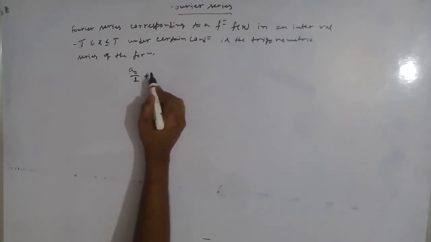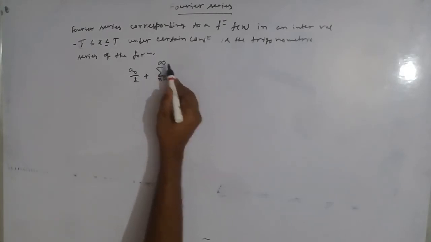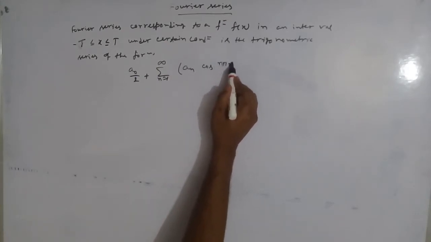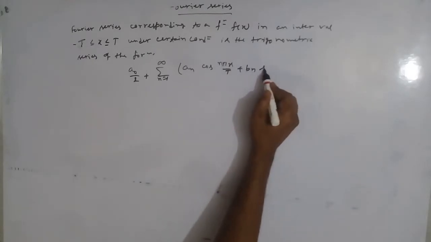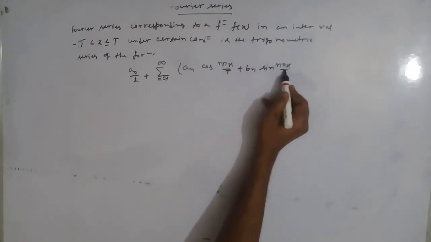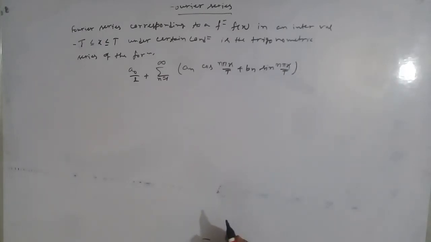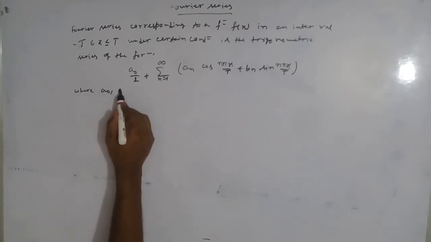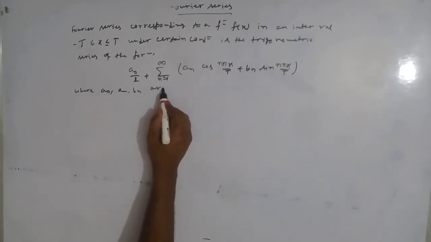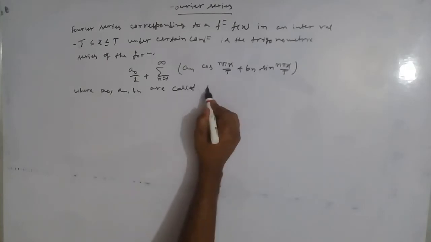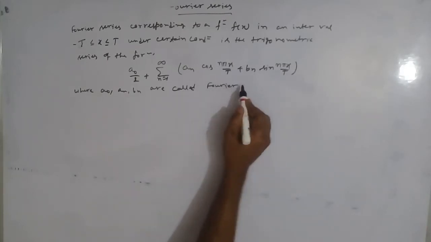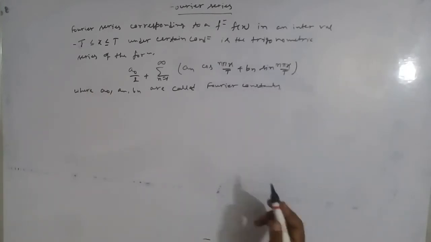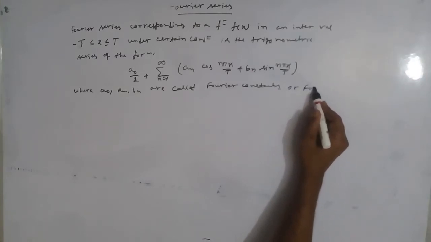a0 by 2 plus summation n equal to 1 to infinity an cos n pi x by t plus bn sin n pi x by t, where a0, an, bn are called Fourier constants or Fourier coefficients.